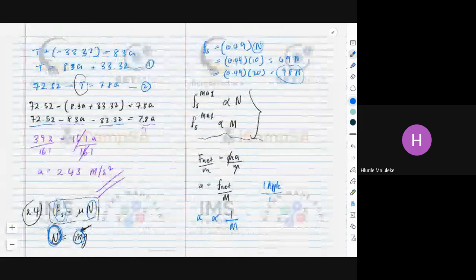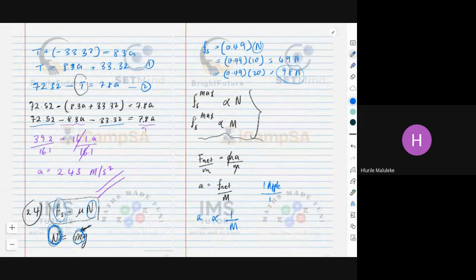Okay, let me repeat it again. So just remove this, divide the page here. Let me start from the beginning.